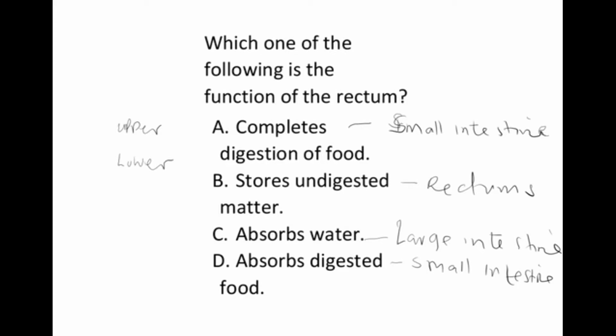It is the upper part of the small intestine that completes the digestion of food. And then we have the lower part of the small intestine where we have the villi, which absorb the digested food material. So with all that explanation, our answer will be B.